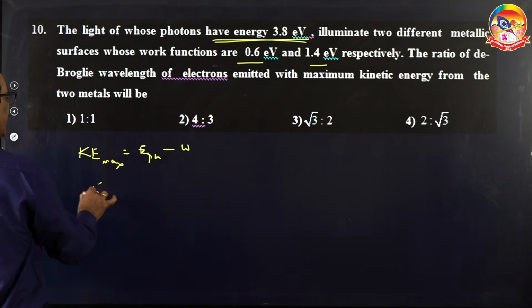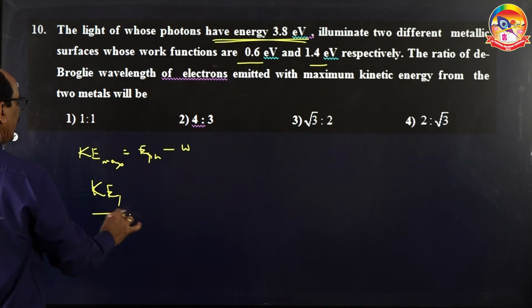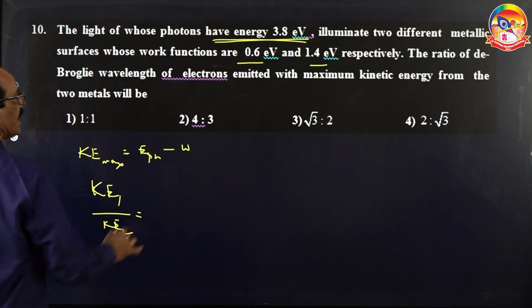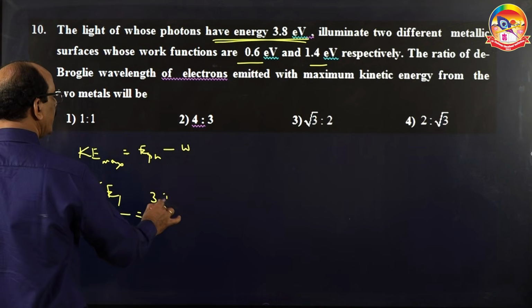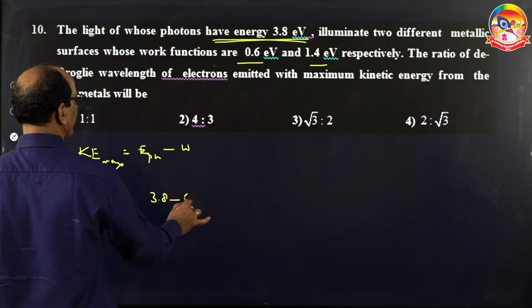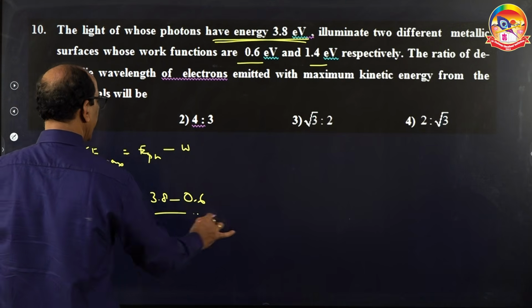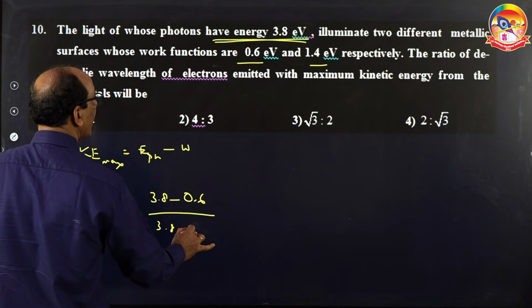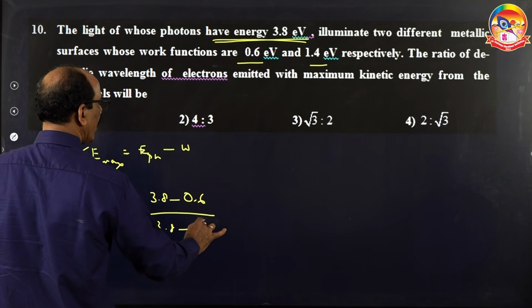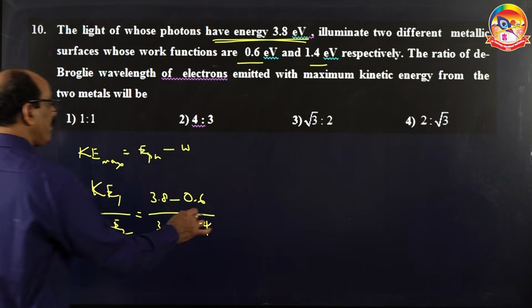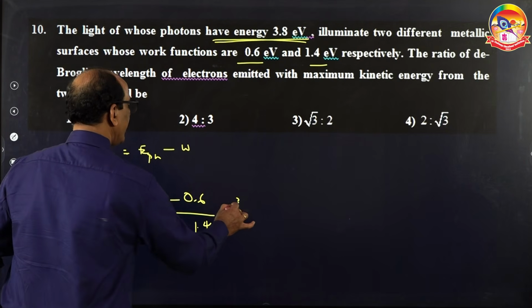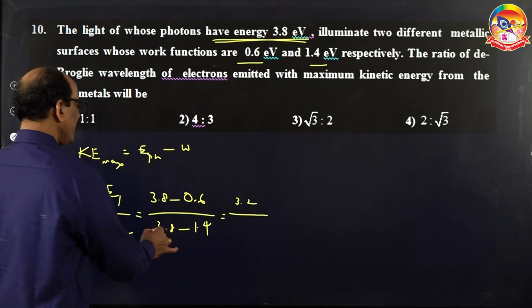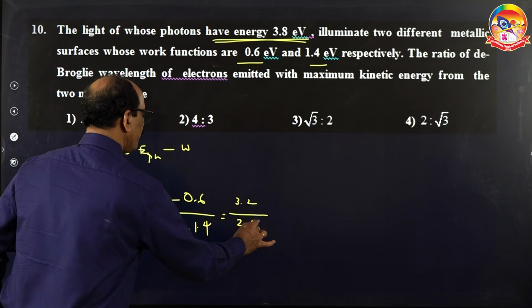So the maximum kinetic energy in the first case divided by the maximum kinetic energy in the second case is 3.8 minus the work function of the first metal 0.6, divided by 3.8 minus 1.4. So it happens to be 3.2 divided by 2.4.